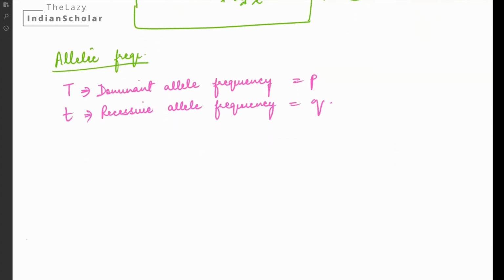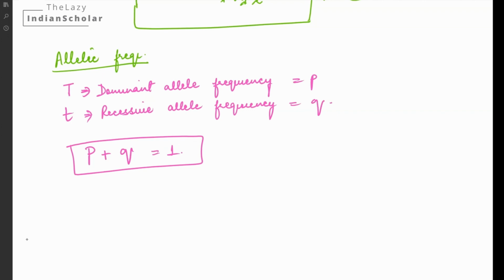Since there are only two types of alleles, the equation is p plus q equals 1. That is, the dominant and the recessive alleles together equal 1. Therefore the total of all alleles will be 100%.